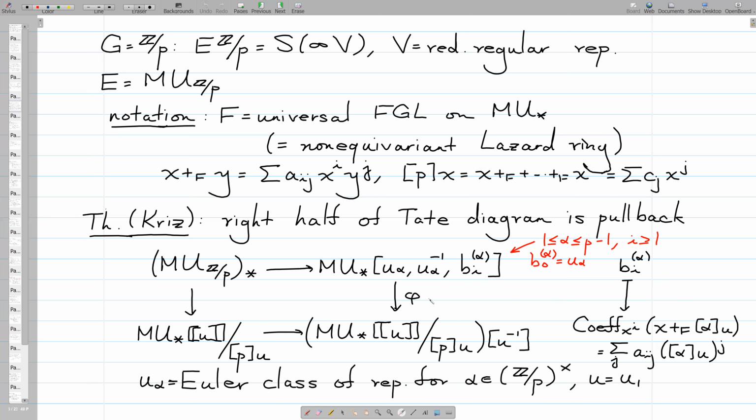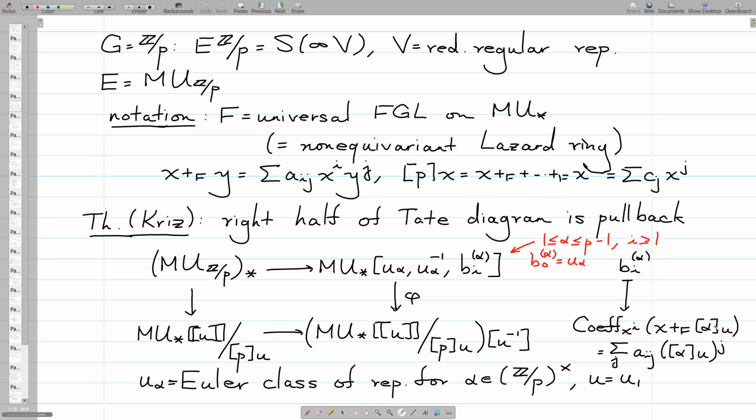And this vertical map, that's the important part of Fritz's calculation: where do these b_i alpha go? b_i alpha goes to this: you take a formal coefficient, x plus_F, and then the alpha series, alpha number of copies of U added to itself via this universal formal group law on mu star.